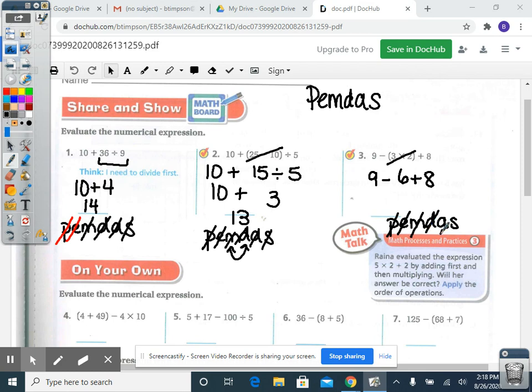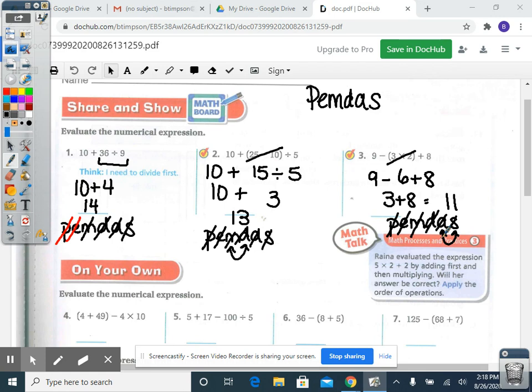Remember when I've drawn these arrows? Okay, they're opposite operations. That means that we do whichever one comes in the problem first when reading that problem from left to right. So in this problem, subtraction comes first. So we will solve 9 minus 6 is 3 plus 8, which is 11.